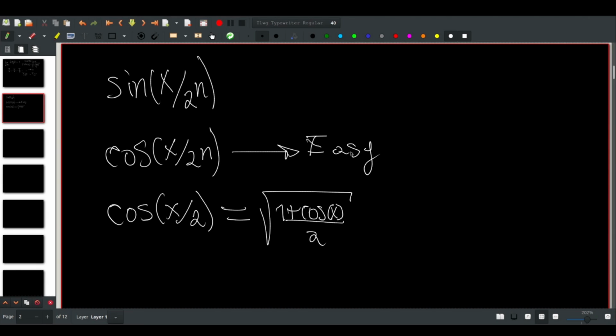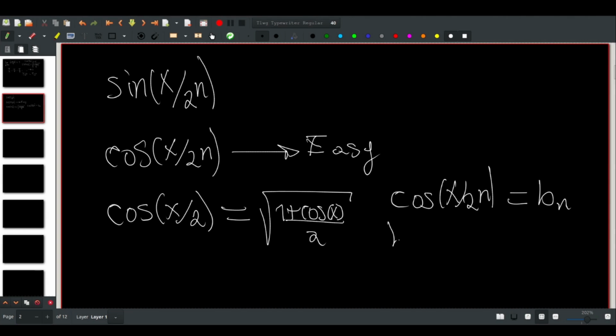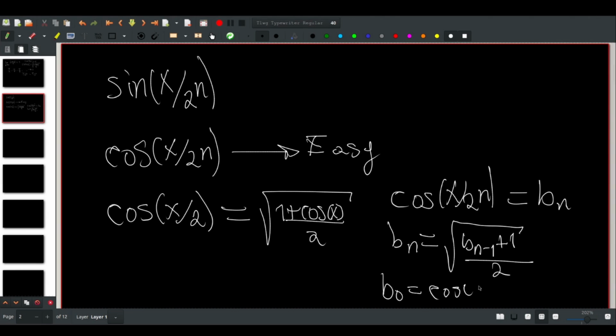So for our desired formula of cosine of x over 2 to the n, I'm going to propose something, and what I'm going to propose is that this is actually Bn, and I'm going to define Bn right here. Bn is going to be defined as follows. Bn is equal to the square root of bn minus 1 plus 1 over 2, while b0 is simply the cosine of x.